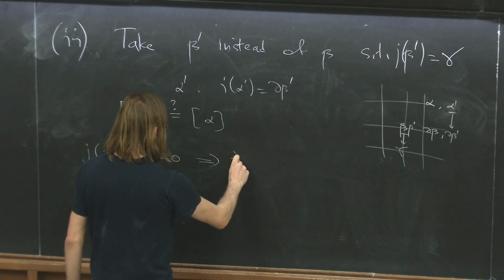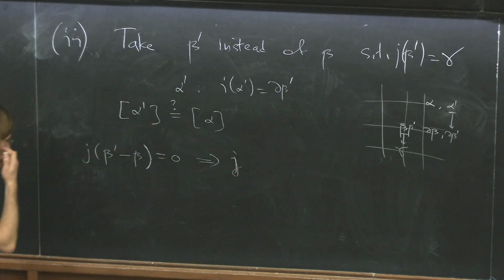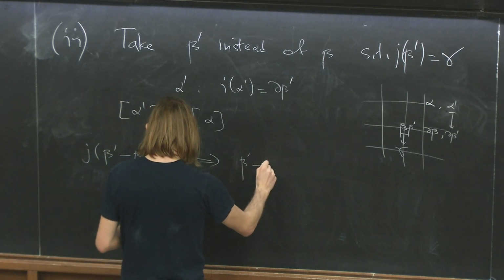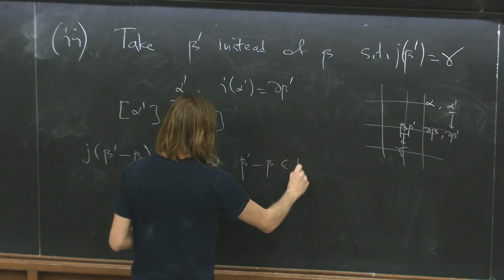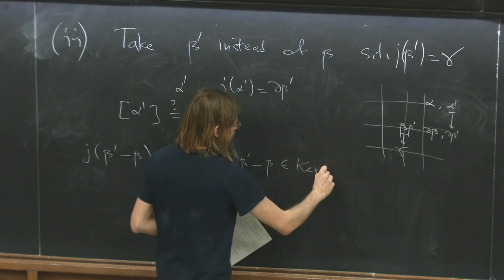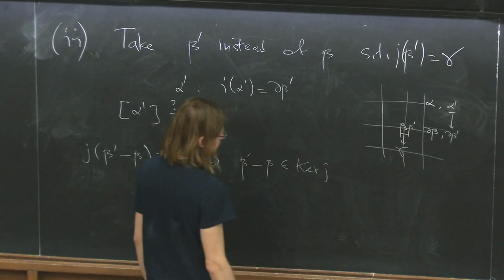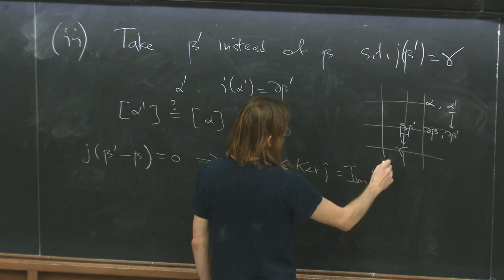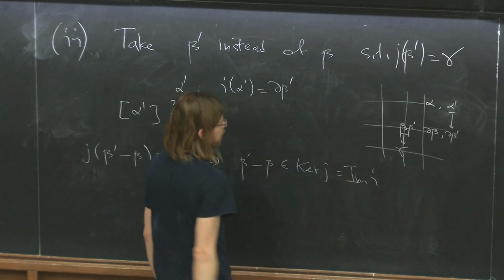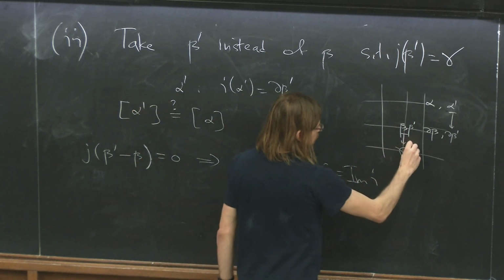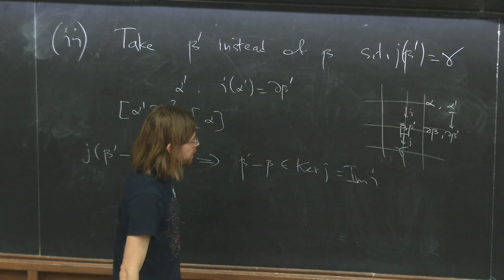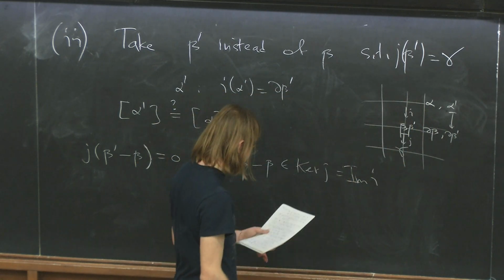Because J is a homomorphism between abelian groups, this means that beta prime minus beta is in the kernel of J. So this difference is killed by this map. And again, we know that the kernel of J is the same as the image of I, because here we have a short exact sequence.